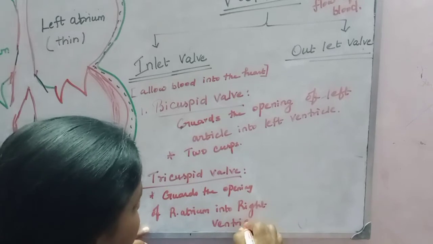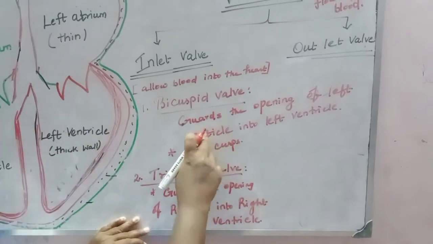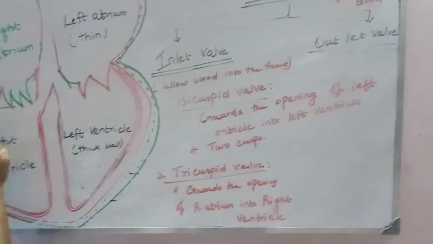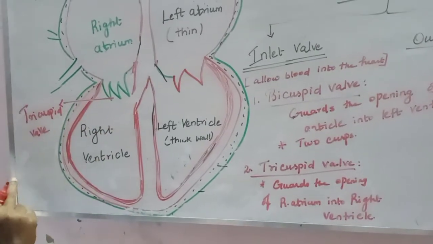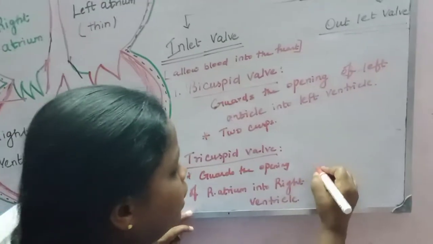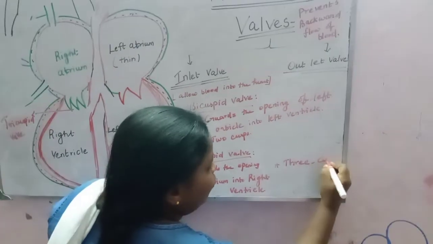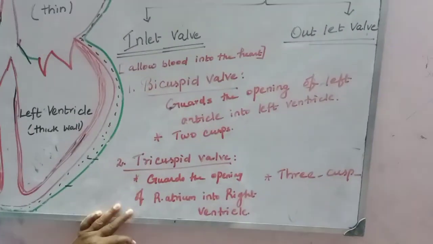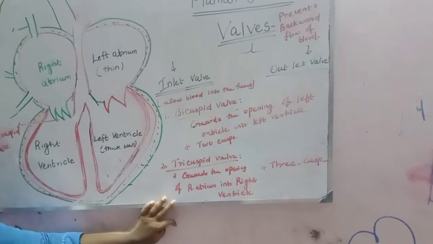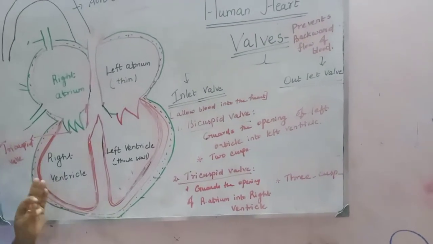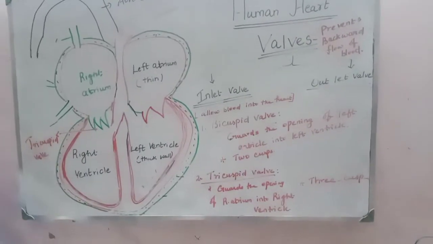So, on the left side, bicuspid valve. On the right side, tricuspid valve. Are you clear? In the tricuspid, they have three cusps or three flaps. Okay, three cusps or three flaps are present. So, it is called a tricuspid valve.